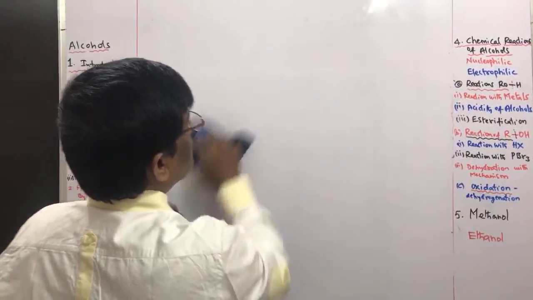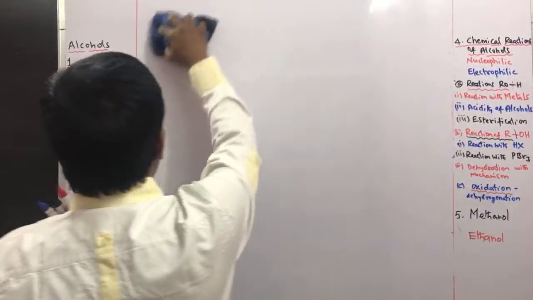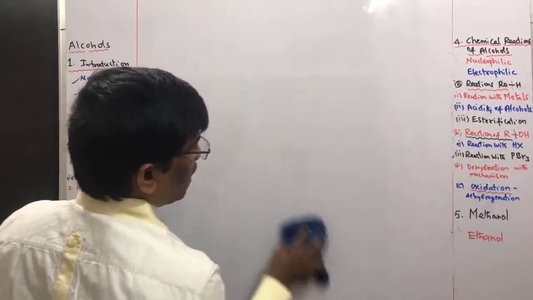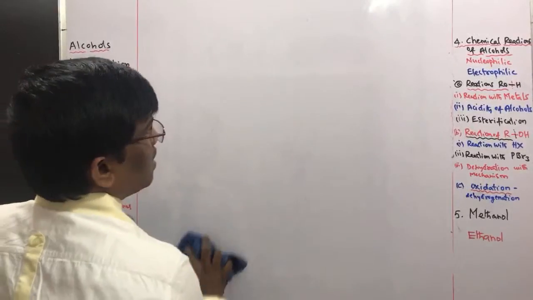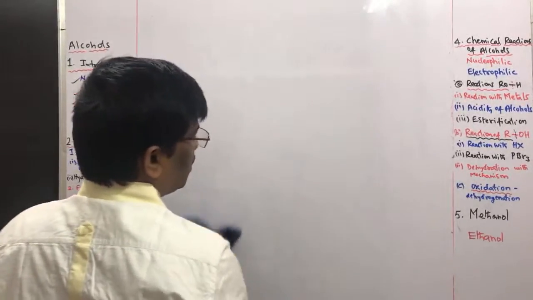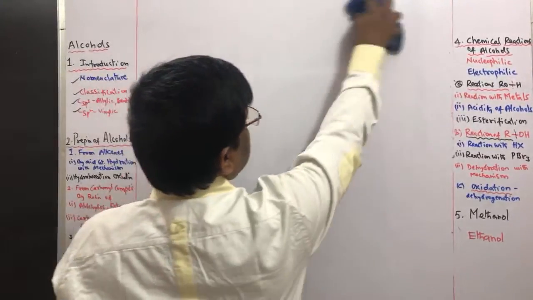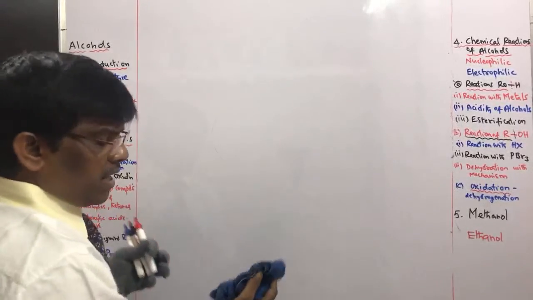Water is a neutral compound which acts as an acid in the presence of a base. In the presence of an acid, it is going to act as a base.